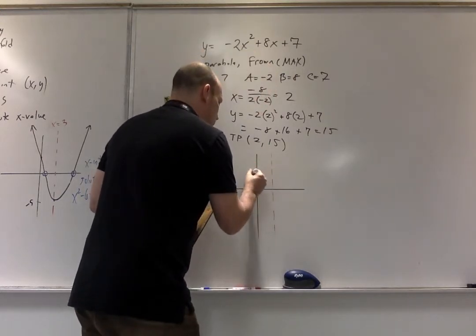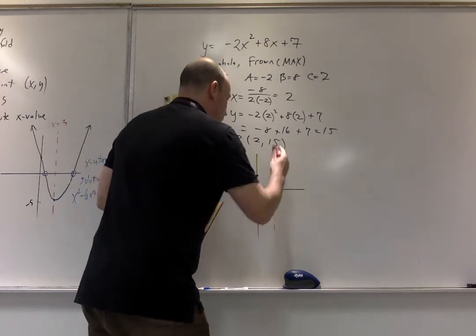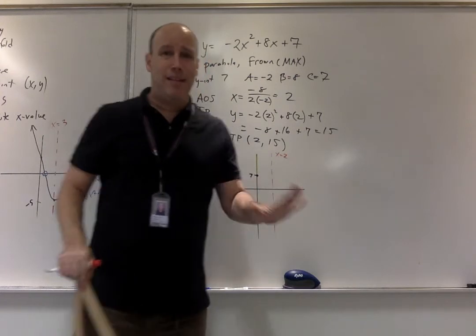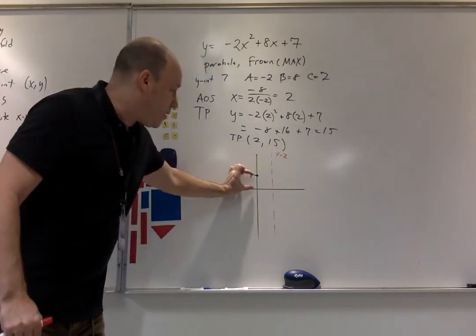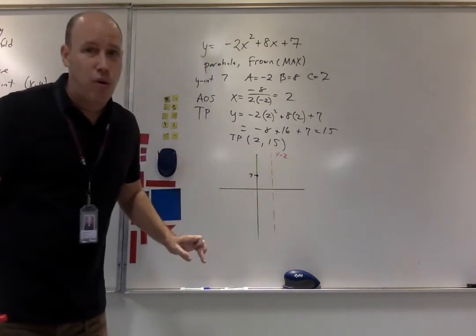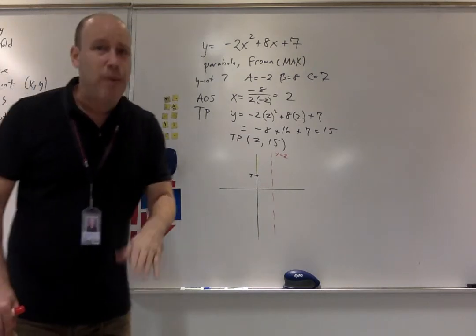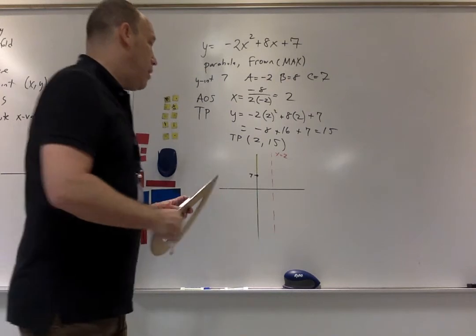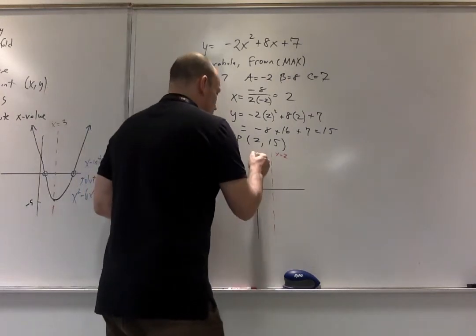This is 7. This is x equals 2. Please remember, this is a sketch. Clearly, if this is 7, that cannot be 2. This is not a good graph. It's a sketch. What's the turning point? (2, 15).